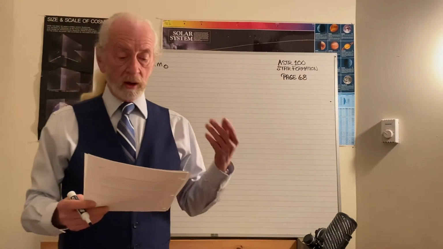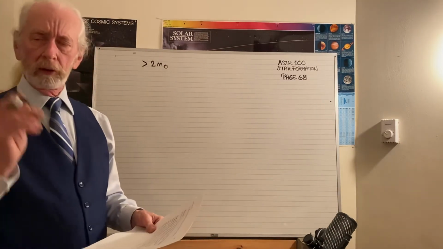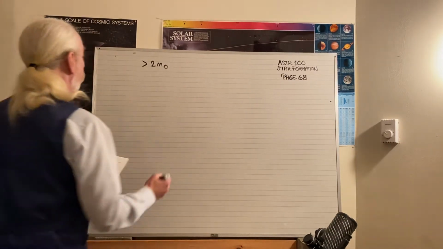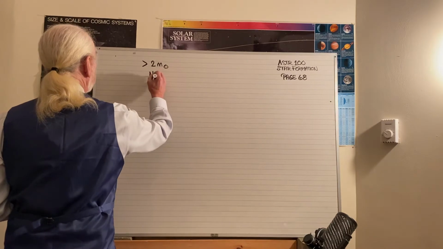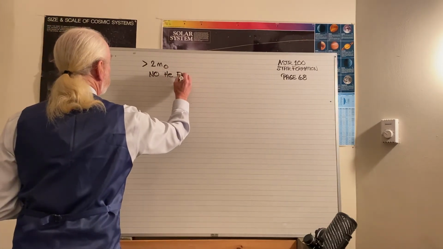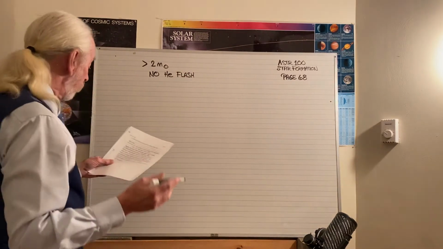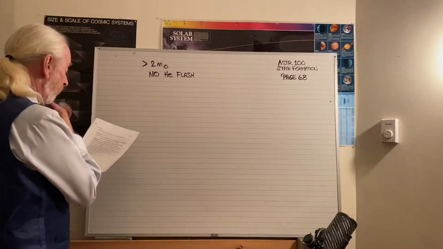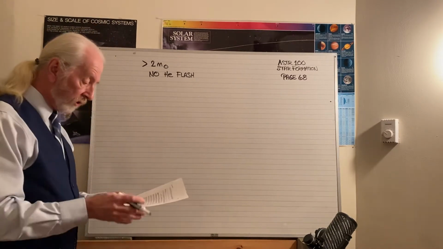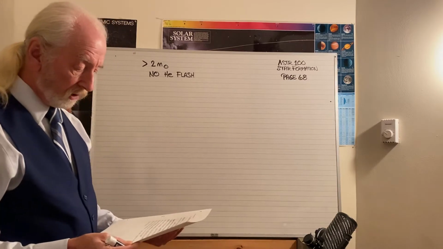For stars greater than 2 solar masses, it's a little bit different. No helium flash. And that's because the mass is sufficient to compress and heat the core more smoothly until it reaches fusion temp.